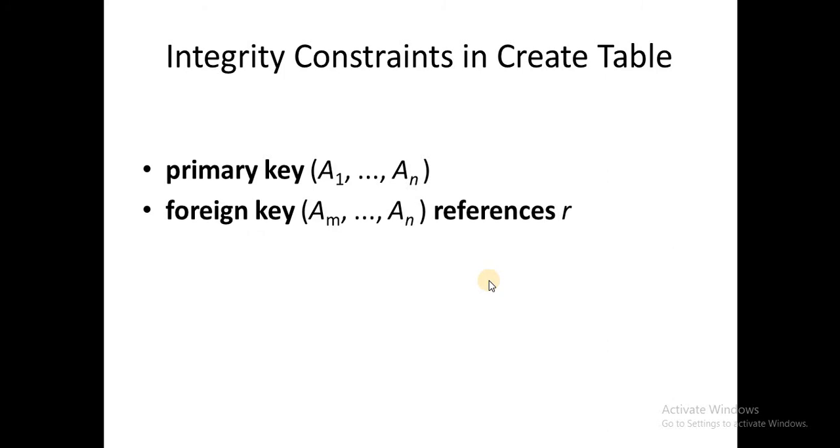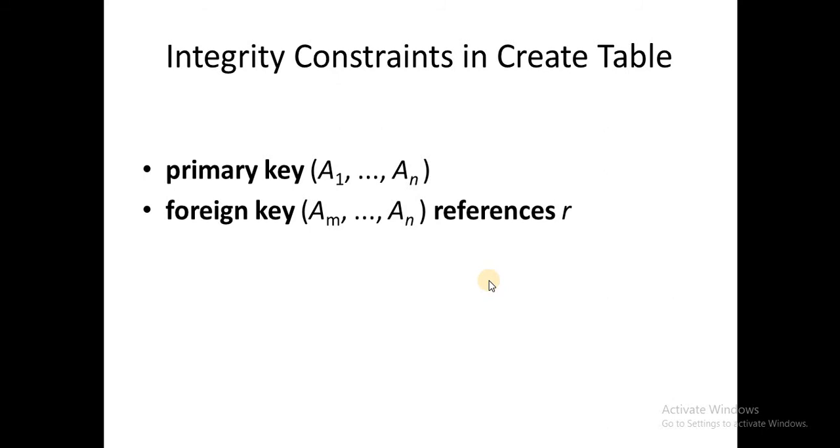Next, at the time of table creation, we can include integrity constraints. There are two important integrity constraints in a database management system. One is primary key and another one is foreign key.